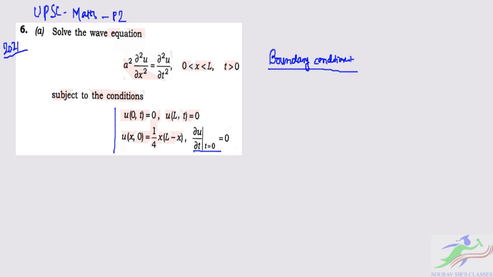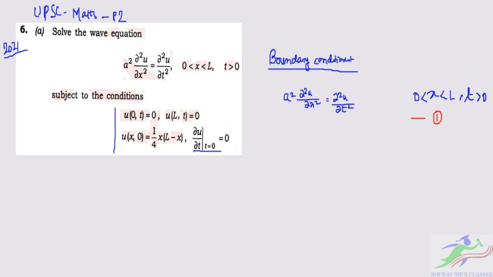Okay, so first of all, consider this wave equation with the boundary conditions. This equation has been given, so this is equation number 1, with x in the range 0 to L, and t greater than 0, subject to the initial conditions already given.